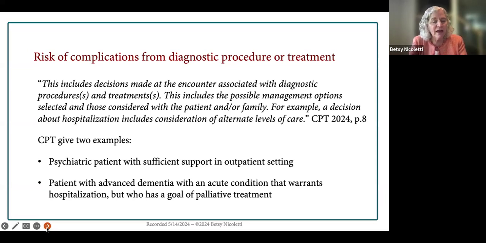For example, a decision about hospitalization includes consideration of alternate levels of care. And CPT gives 2 examples of this: a psychiatric patient with sufficient support in an outpatient setting, so they do not need to be hospitalized, and a patient with advanced dementia with an acute condition that warrants hospitalization, but who has a goal of palliative treatment.